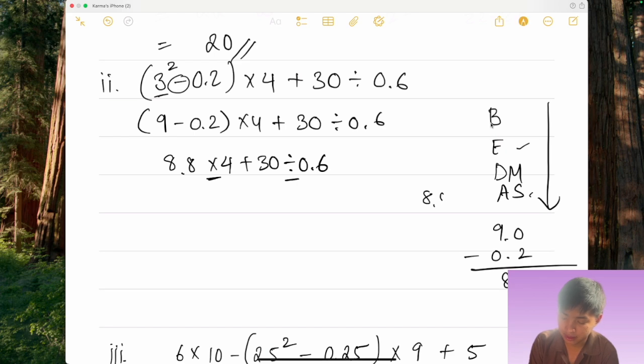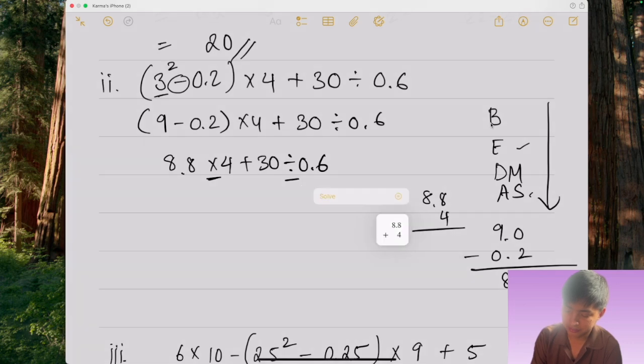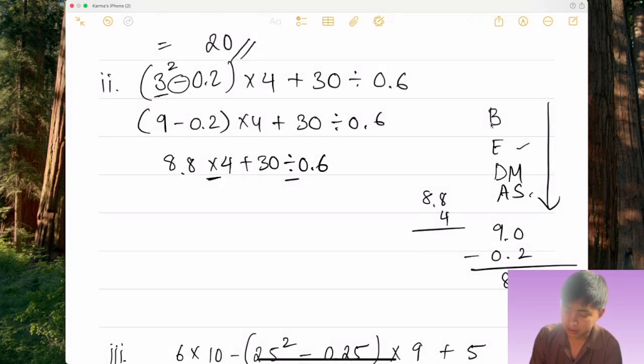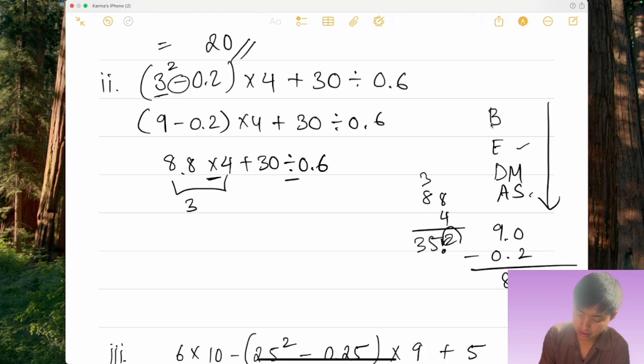So we multiply that on the side here. 88 times 4: 8 4s are 32, 3 carry on, 8 4s are 32 and 3 is 35, and there was one decimal, so come back once and place the decimal point. So this whole thing becomes 35.2 plus 30 divided by 0.6.